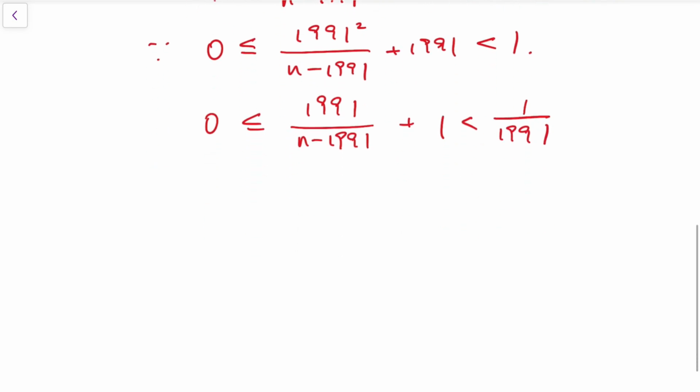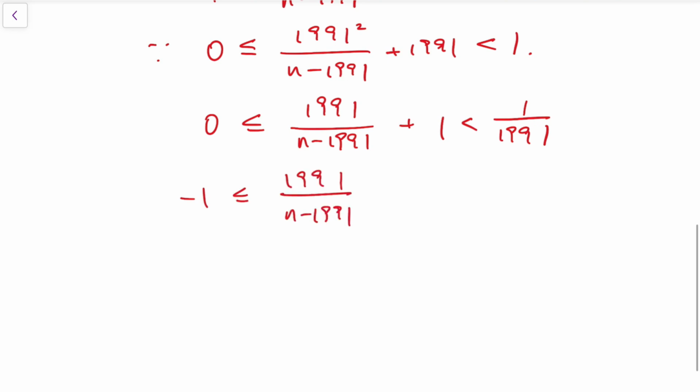Then minus the whole inequality by 1. And so we have the fraction between minus 1 and minus 1990 over 1991. And again, divide all parts by 1991.